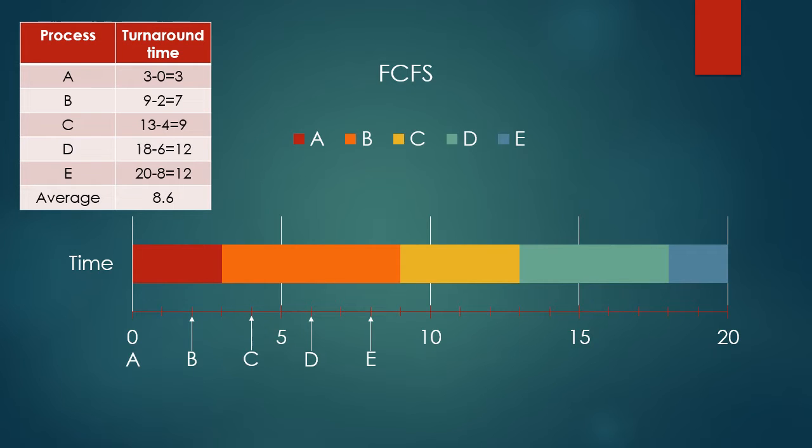C finished at 13, arrived at 4. Turnaround time is 9. D finished at 18, arrived at 6. Turnaround time is 12. E finished at 20, arrived at 8. Turnaround time is 12. How do I calculate the average? 3 plus 7 plus 9 plus 12 plus 12 whole divided by 5. The average turnaround time comes out to be 8.6.